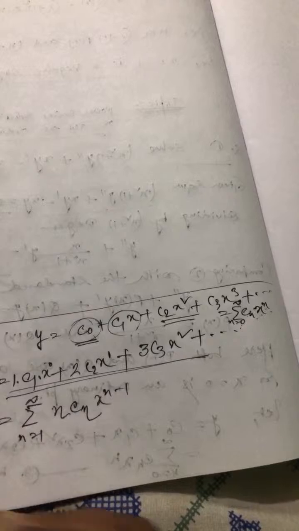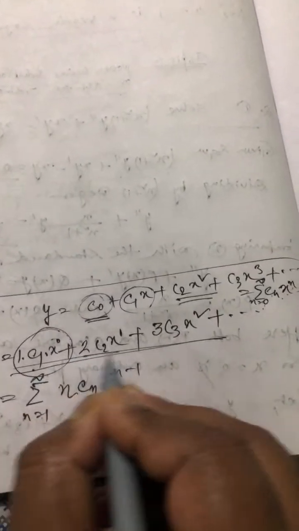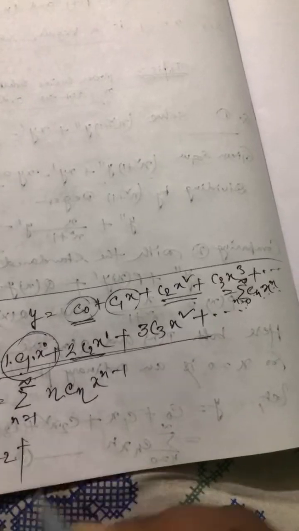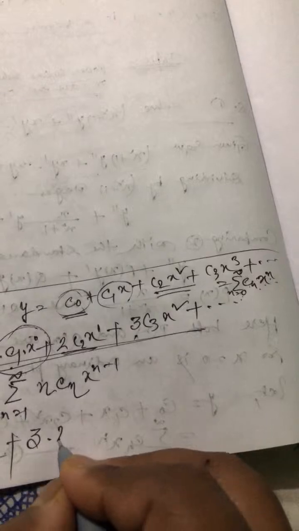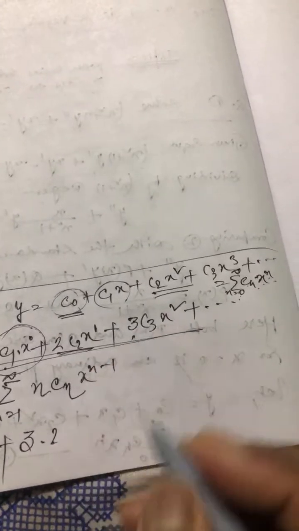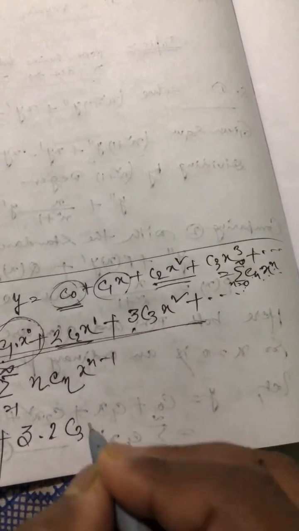Now let me show you. This is the expression for y dash. Y double dash will be what? This part will be 0, c1 is a pure constant. This part will be 2c2, then 3 into 2 c3 x.